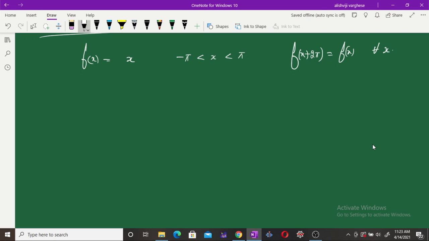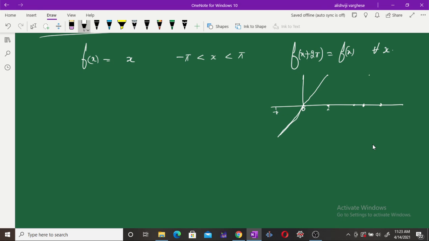If you plot the function, it is 0, then from minus pi to plus pi, the value of the function is something like this. F of x is equal to x. Then from pi to pi plus 2 pi, that is 3 pi. This is pi, this is 2 pi, this is 3 pi.